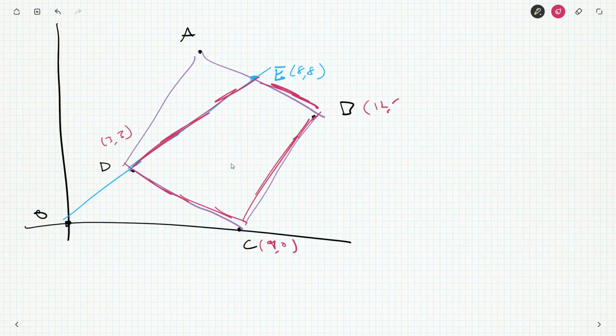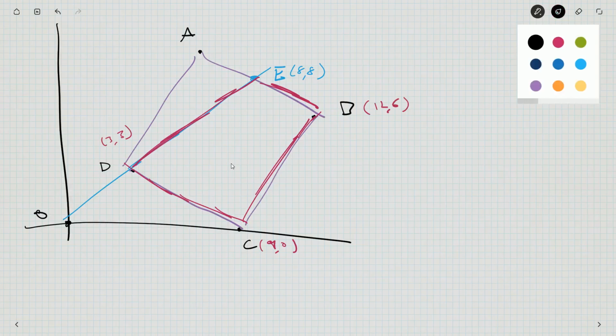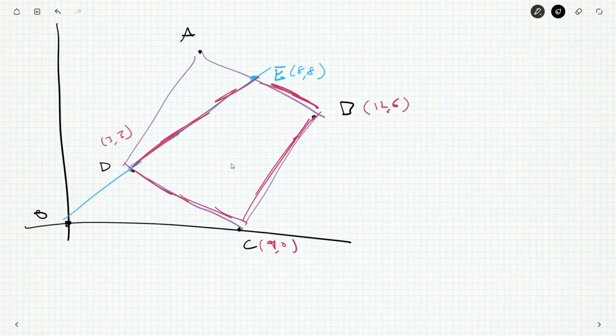This guy is 12, 6. Okay, so we'll use the distance formula.